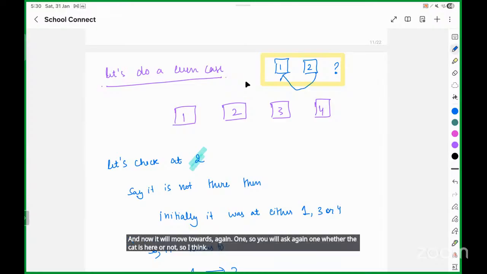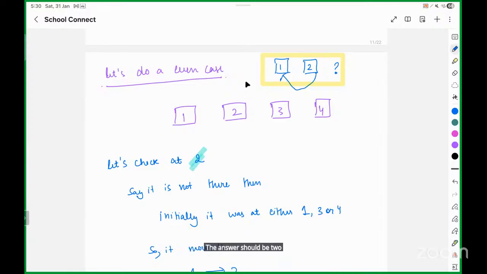So I think the answer should be two questions and not one. I hope this is clear, to whoever wrote one question. If you ask box 1 whether the cat is behind it or not, it can say no, and the cat is behind box 2. And now the cat can again move to box 1, and then you will again ask box 1 and you will find the cat.